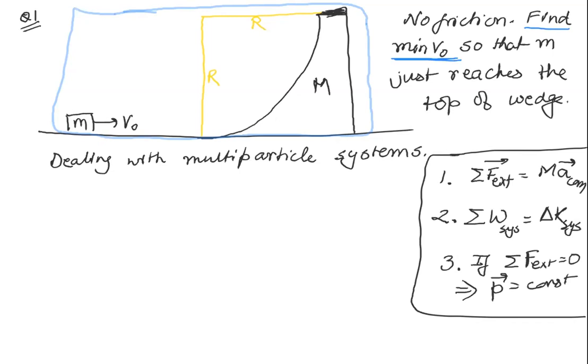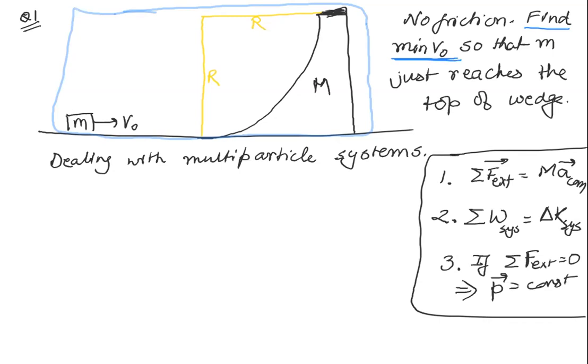In 99.99% of the cases, work energy theorem will do the job. If after the application of work energy theorem there are still unknowns remaining, then you have to either apply 1 or you have to apply 3 or maybe something else.